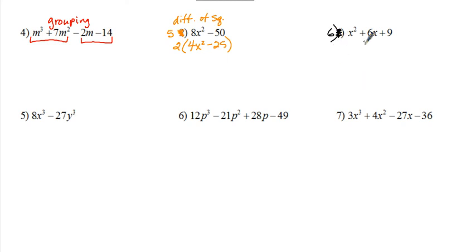Question number 6 is a trinomial. It looks like I've got something squared and something squared. And it looks like if A is x and B is 3, this looks like double that. So I actually do have a special case here if I wish to use it.